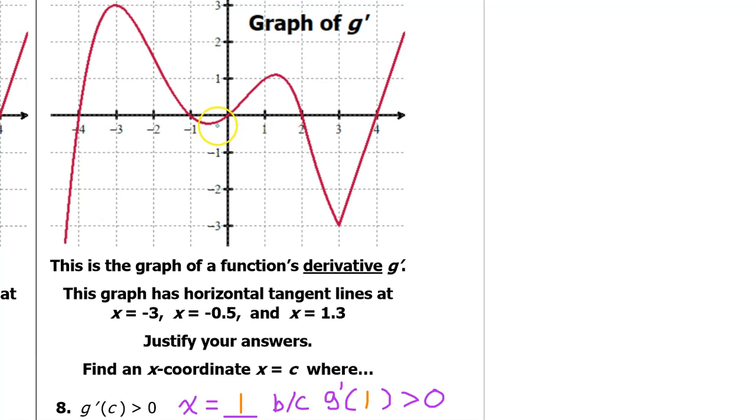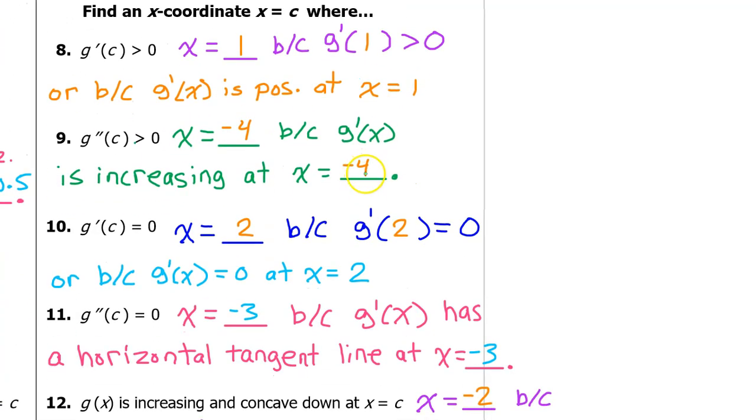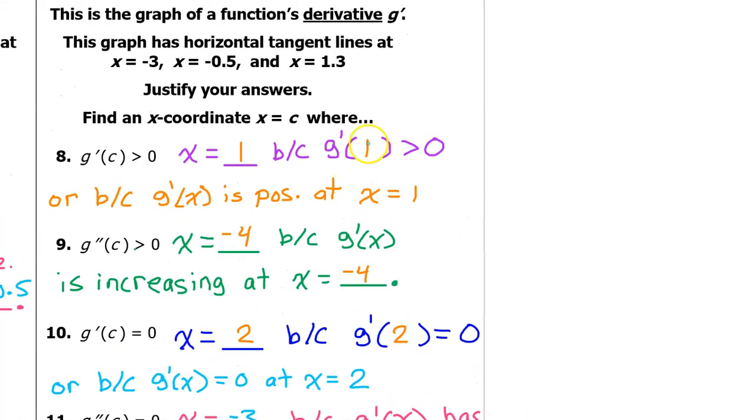Let me emphasize two important things which students often mess up. Since we were given the graph of g prime for all of these problems on the right-hand column, notice that all of our justifications were based on g prime. In every single case, it was because g prime was doing something. In addition, notice that I specifically named g prime.